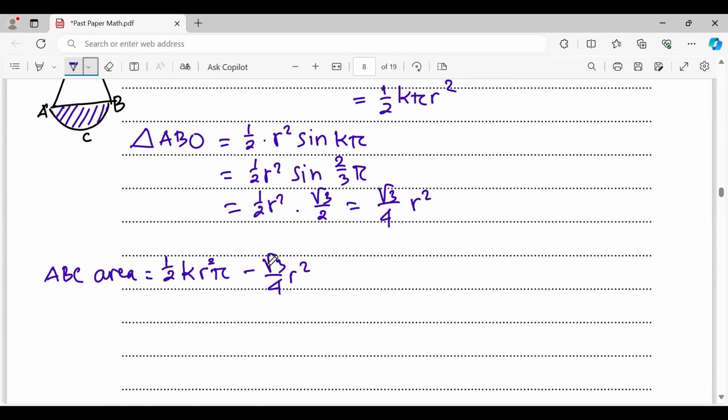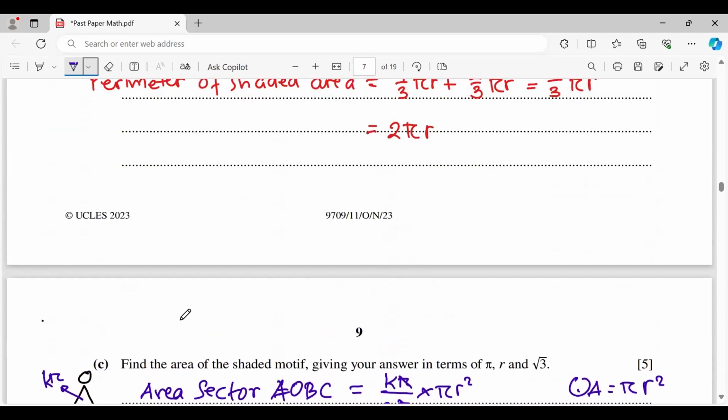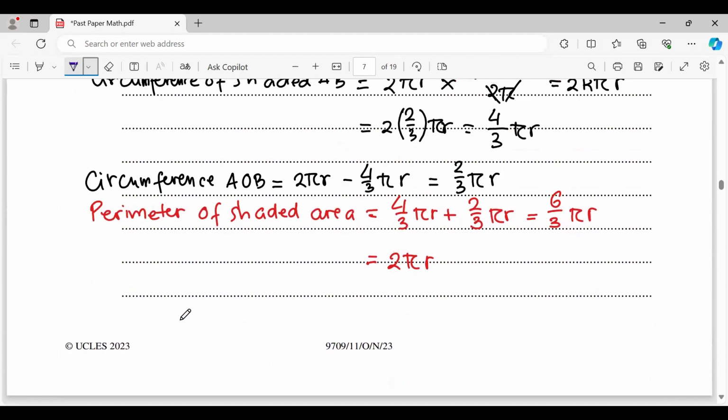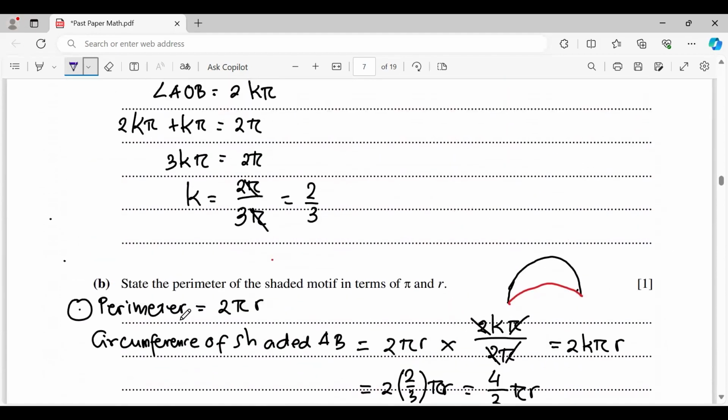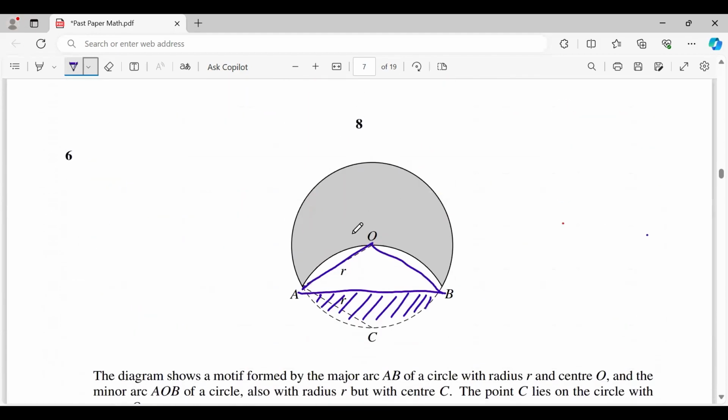And then the area AOBC, I mean this AOBC area, this non-shaded area.